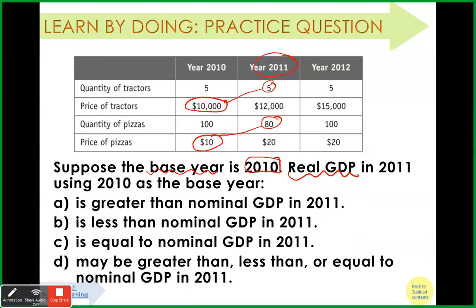Okay. But now this is for 2011, and it asks you to compare with 2010. So what are we going to do? Use this number times this one, this times this one. Of course, you add them together.